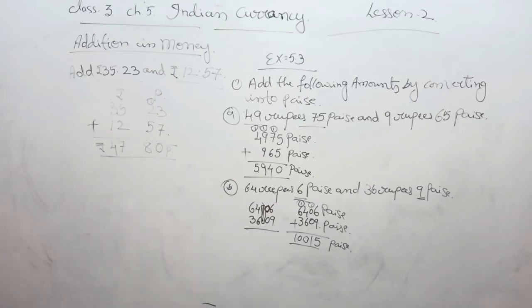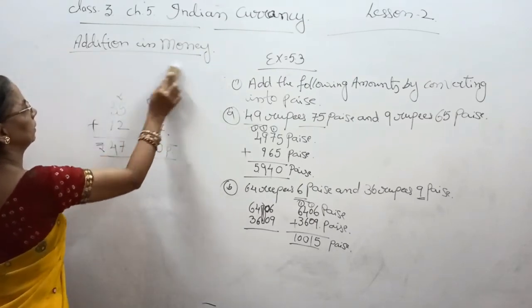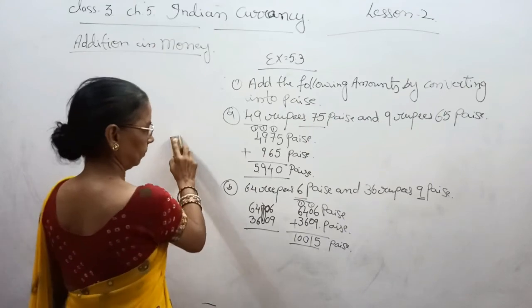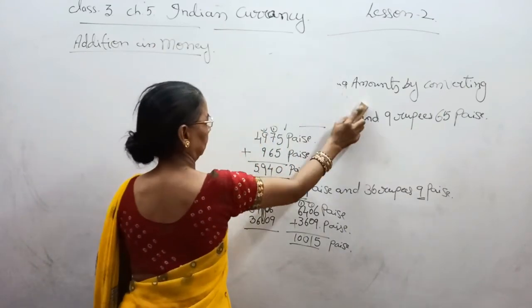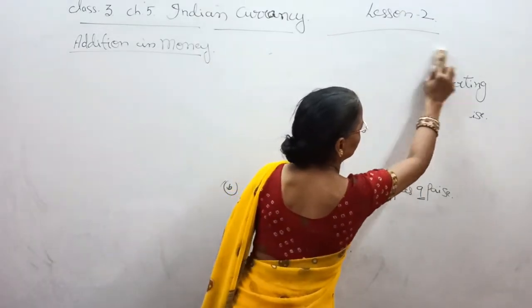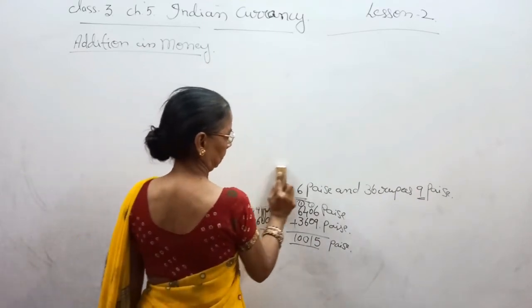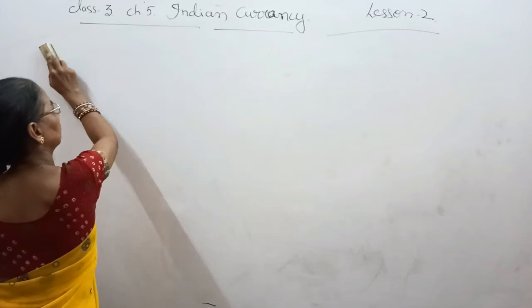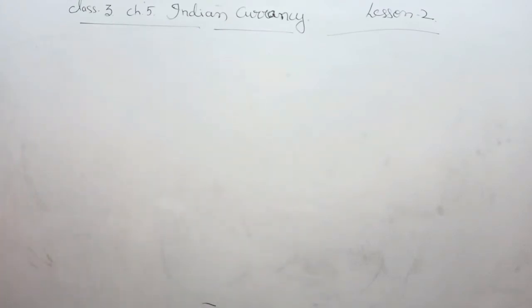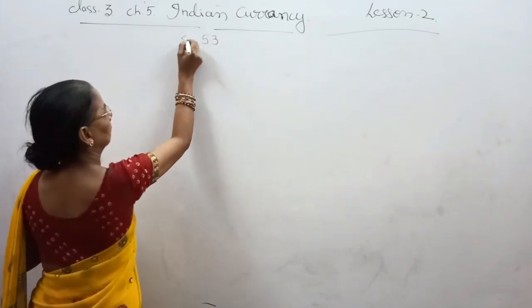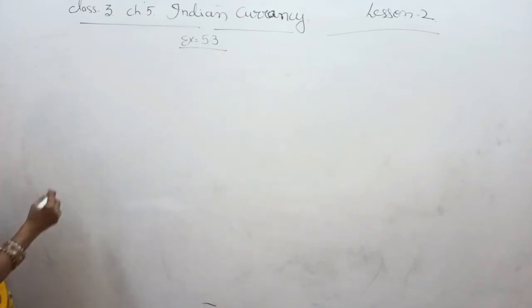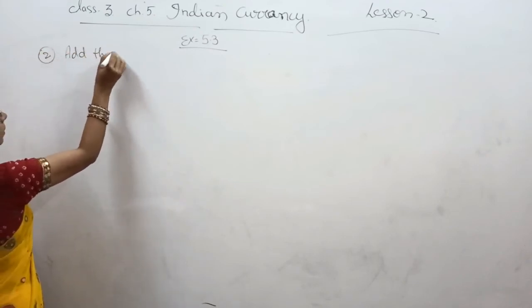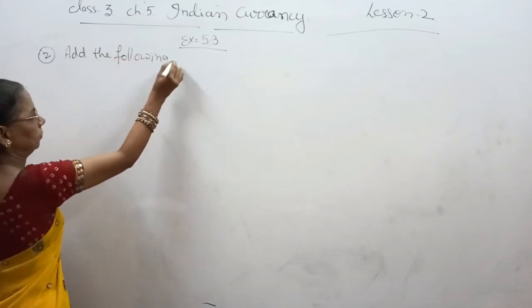Then we go to question number 2, which is given in the addition method. Add the following amounts.